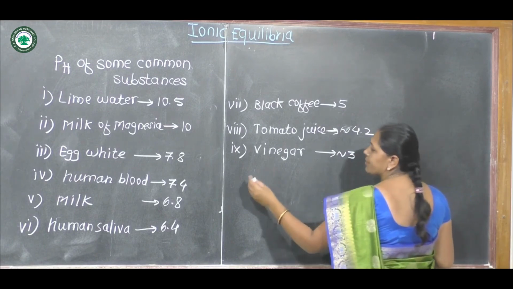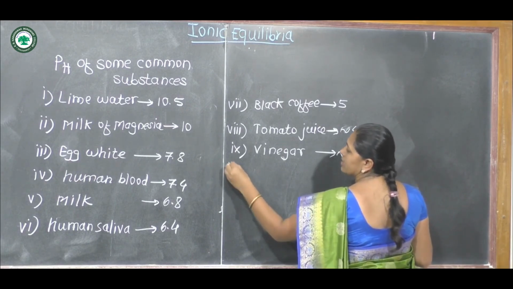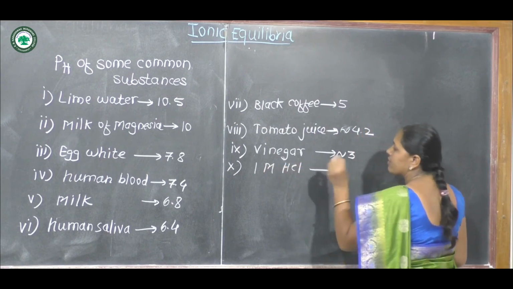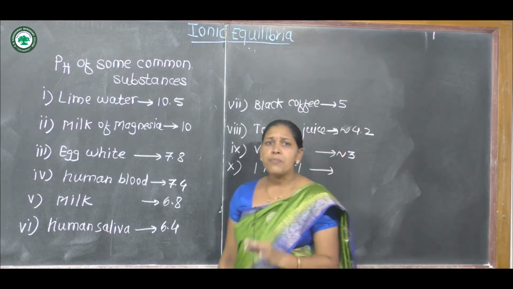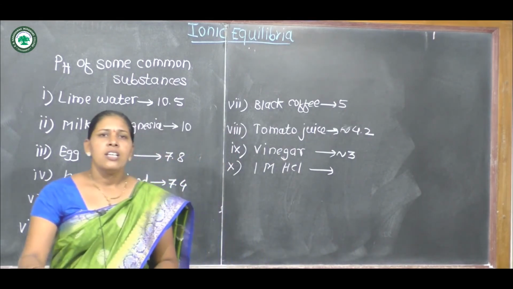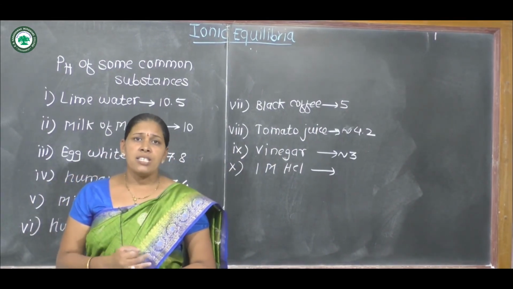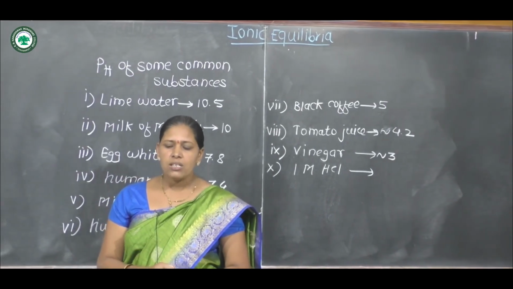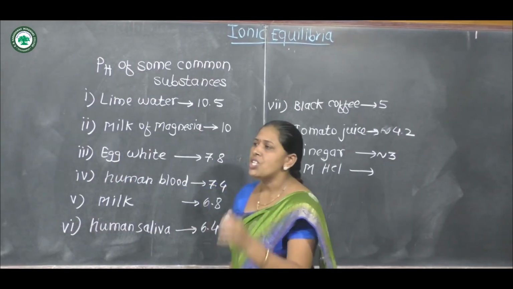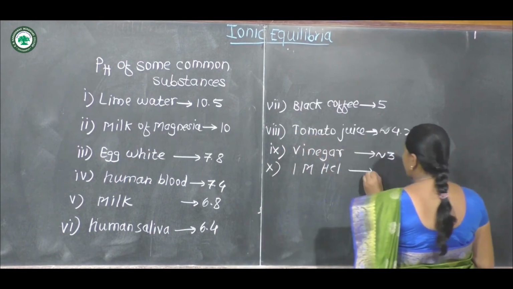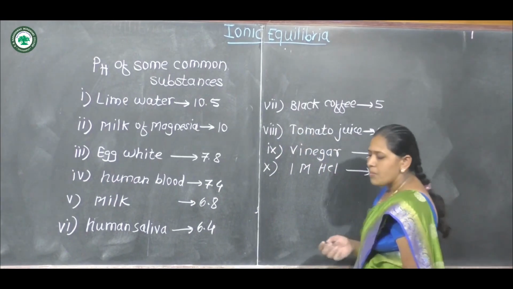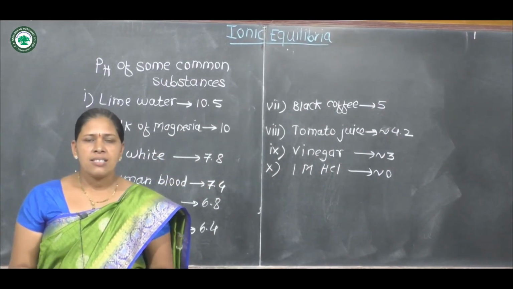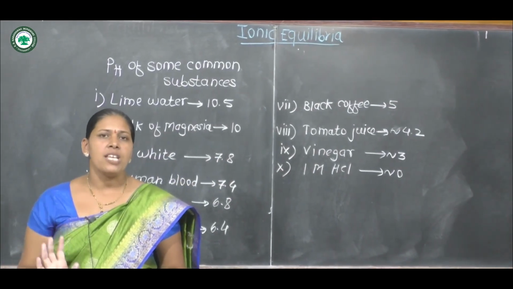pH of 1 molar HCl. What is the pH of 1 molar HCl? We know that HCl is a strong acid and its concentration is also high, that is 1 molar. 1 molar HCl has pH nearly equal to 0. For a multiple choice question, this question will be asked, what is the pH of 1 molar HCl?